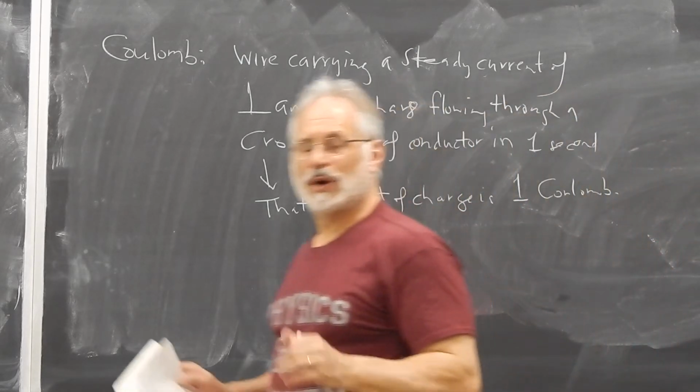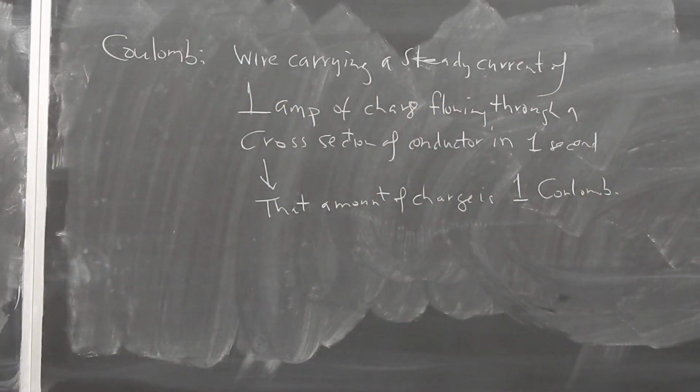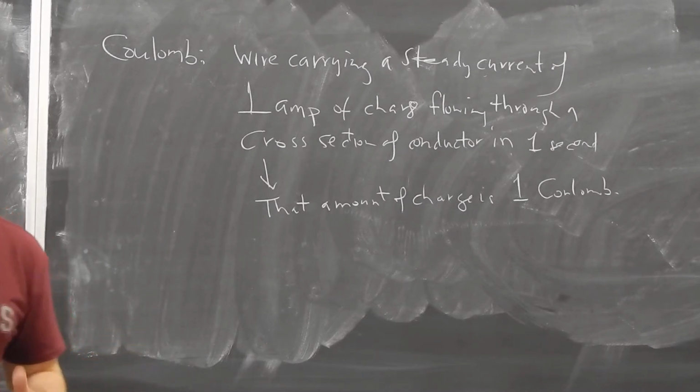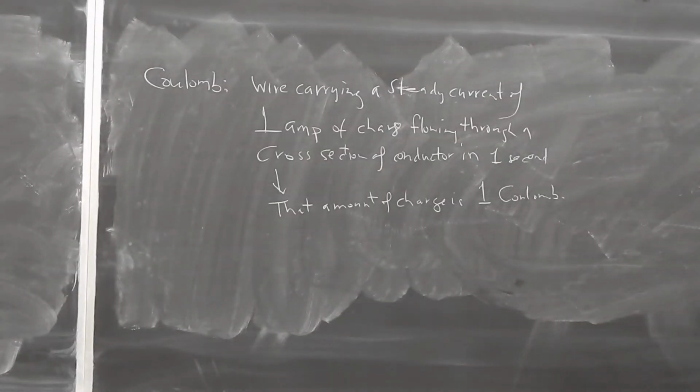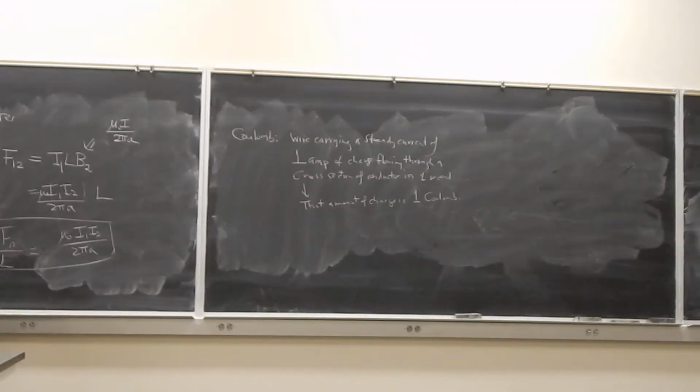Completely the opposite of what you might think, because we started with electrostatics in this class, we defined the Coulomb very early on, but in reality, it was the definition of the amp that enabled us to define the Coulomb. Kind of interesting.